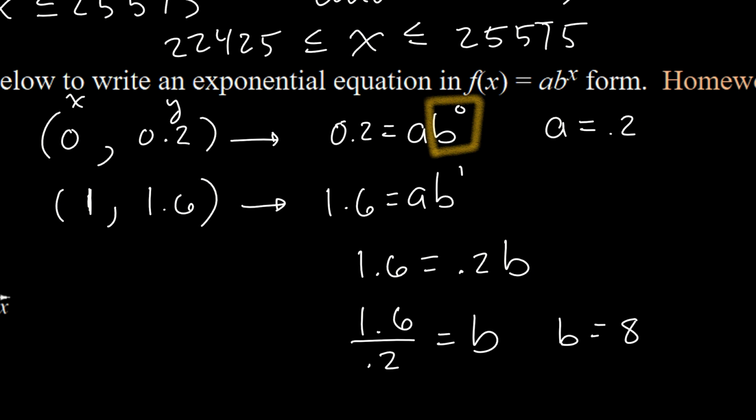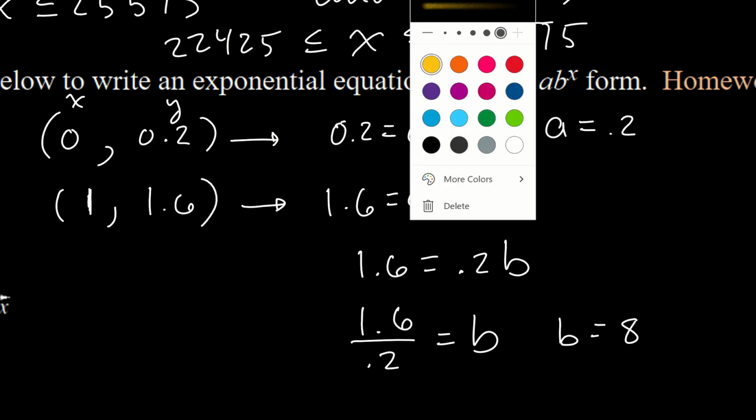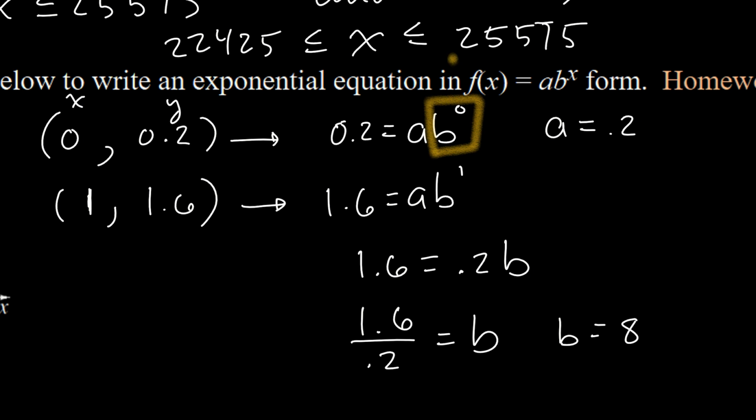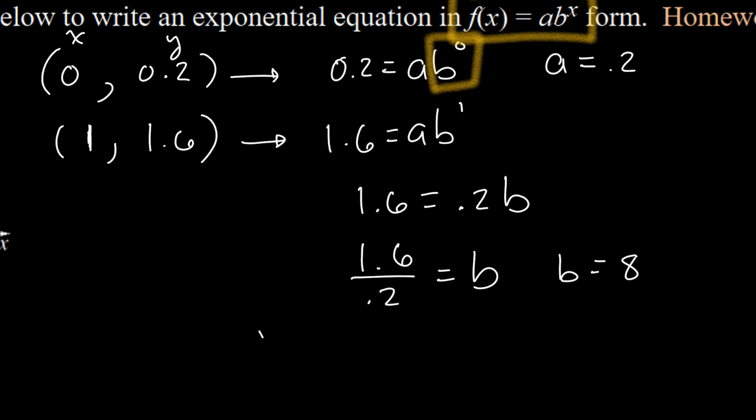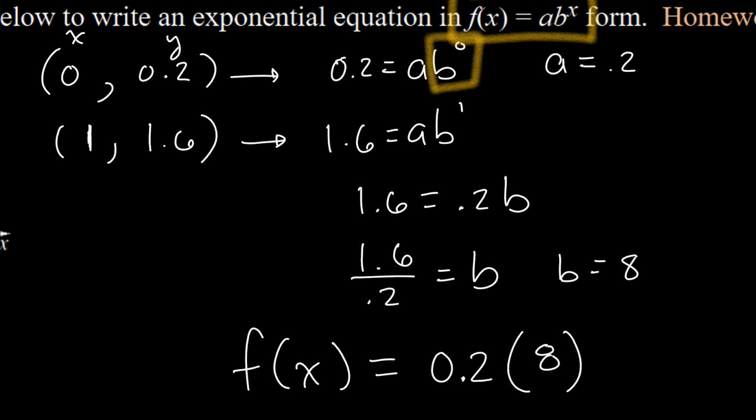So I have everything I need. I needed 2 parameters, and I have both a and b, so I can write my function in this form. I can write f of x equals a, which was 0.2, times b, which is 8, and then raised to the x power. The 2 things I might want to check: if I put 0 into that, does it give me 0.2?